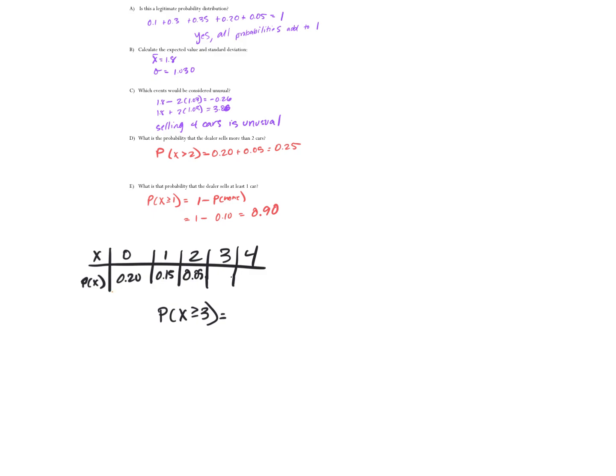What do I know about the total of the probabilities between 0 and 4? It has to equal 1. Okay. Now, what are the probabilities for between 0 and 2? Those add up to 0.4. So what would these ones have to be so that total I get 1? 0.6. Are we comfortable with that reasoning?